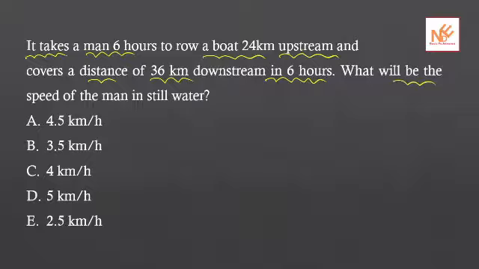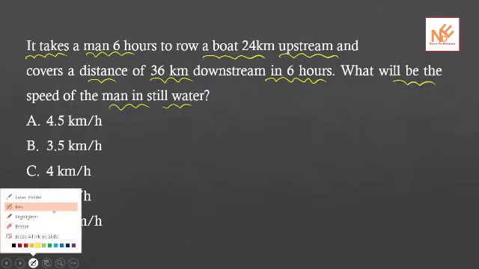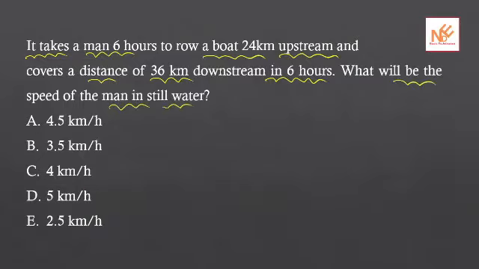What will be the speed of the man in still water? A man travels in a boat 24 kilometers upstream and 36 kilometers downstream in 6 hours. Total hours is 6.